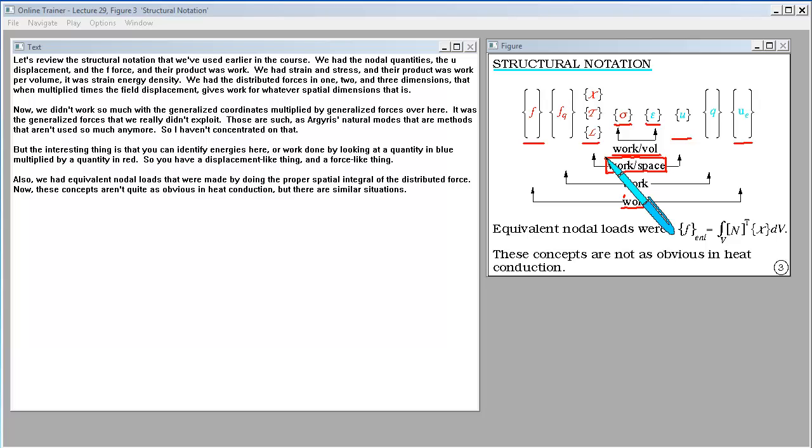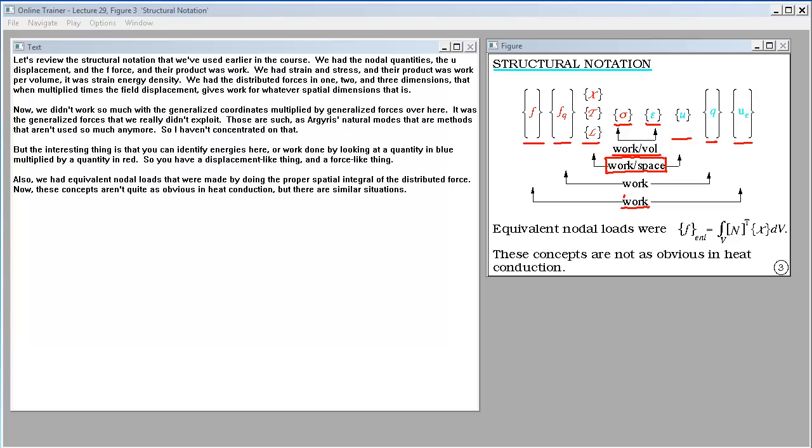Now, we didn't work so much with the generalized coordinates multiplied by generalized forces over here. It was the generalized forces that we really didn't exploit. Those are such as Argyris's natural modes. They're methods that aren't used so much anymore, so I haven't concentrated on that.